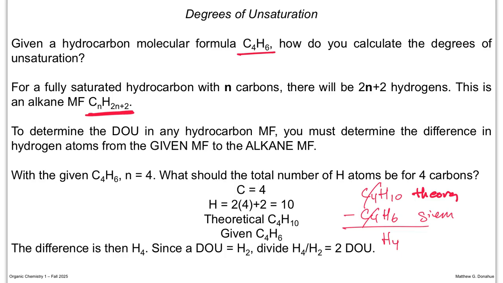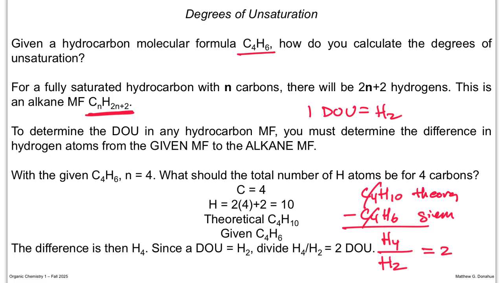A degree of unsaturation, as we said, is equivalent to a molecule of H2. So let's divide this by H2, and that's going to get us 2 degrees of unsaturation. So when you just look at this, you're going to say, well, it's just C4H6.